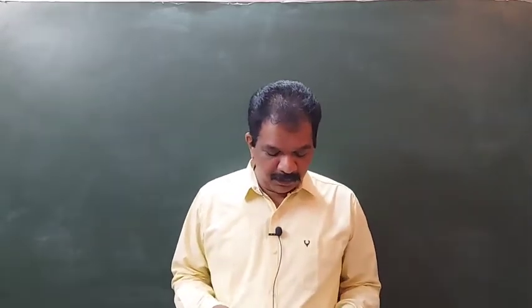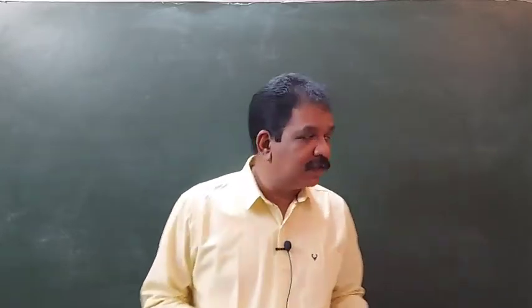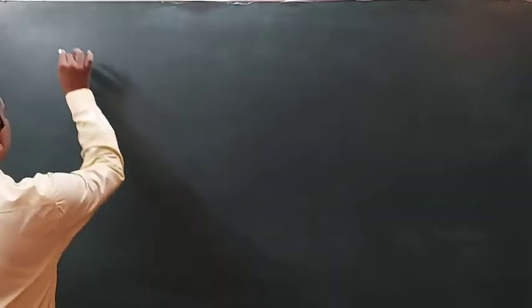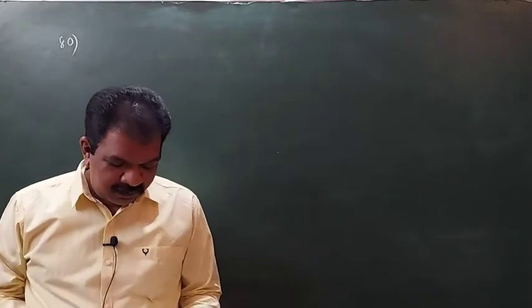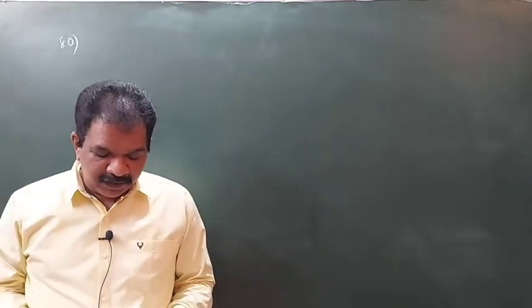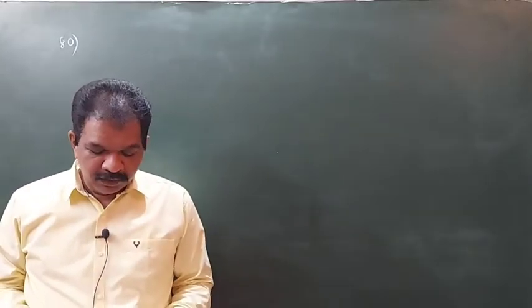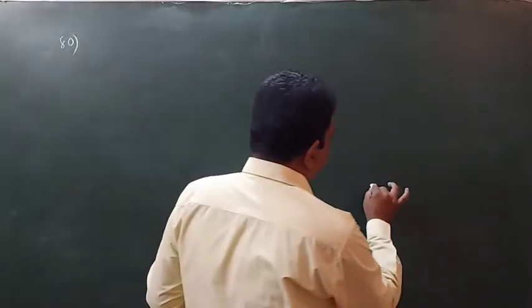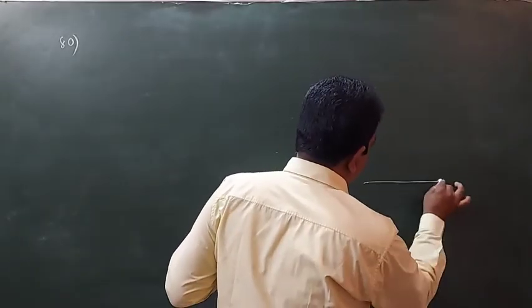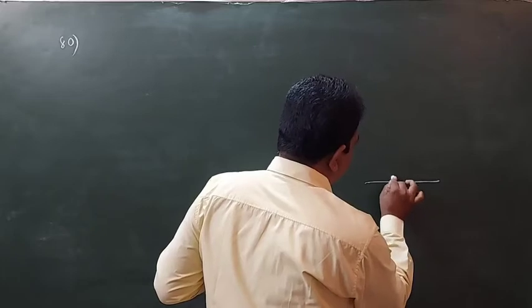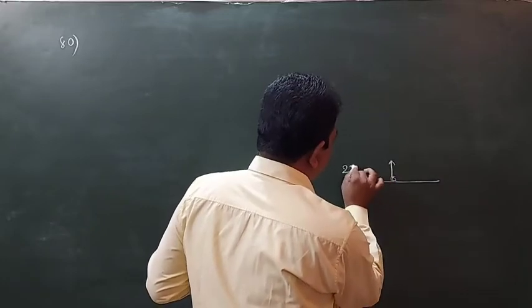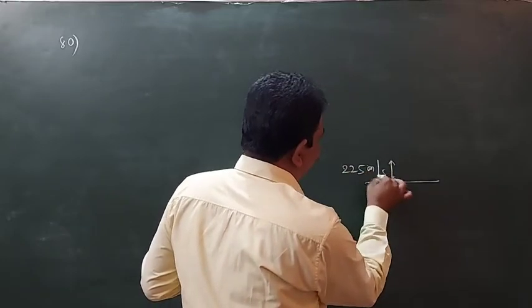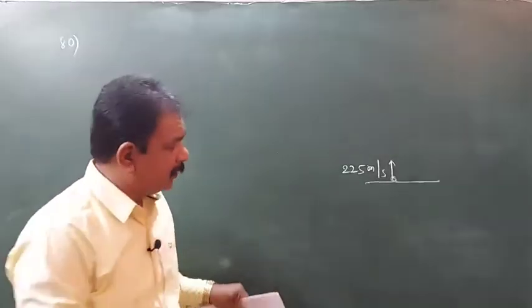In the last class we finished up to problem number 79. We'll see problem number 80. A cannon shell is fired straight up from the ground with an initial speed of 225 meters per second. For example, this is the ground, and from here that shell of that cannon is fired with a speed of 225 meters per second.